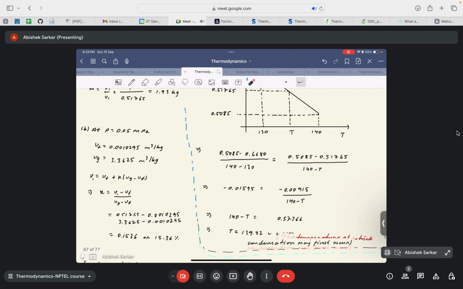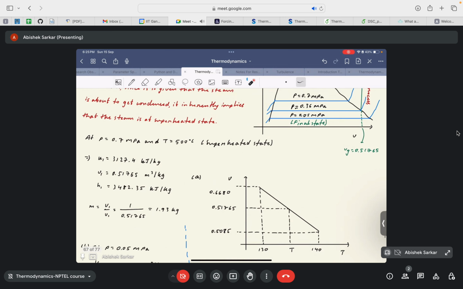Okay, so better I would just hide it here. So go to the steam table for P equal to 0.05 megapascal and find the corresponding values of Vf and Vg and check whether this V that we have in our hand lies within Vf and Vg. Okay, it's very crucial. And logically speaking, it will, because we found that for 0.3 megapascal it is at the saturation vapor line.